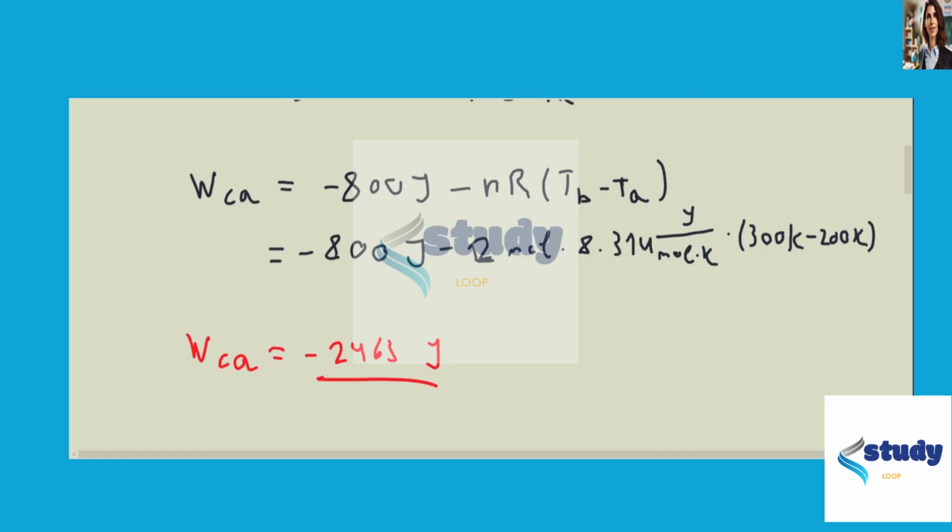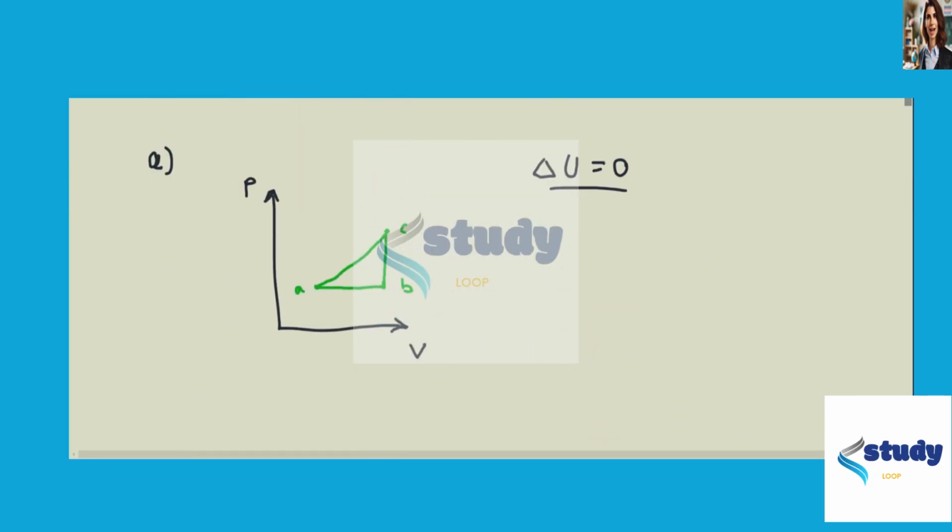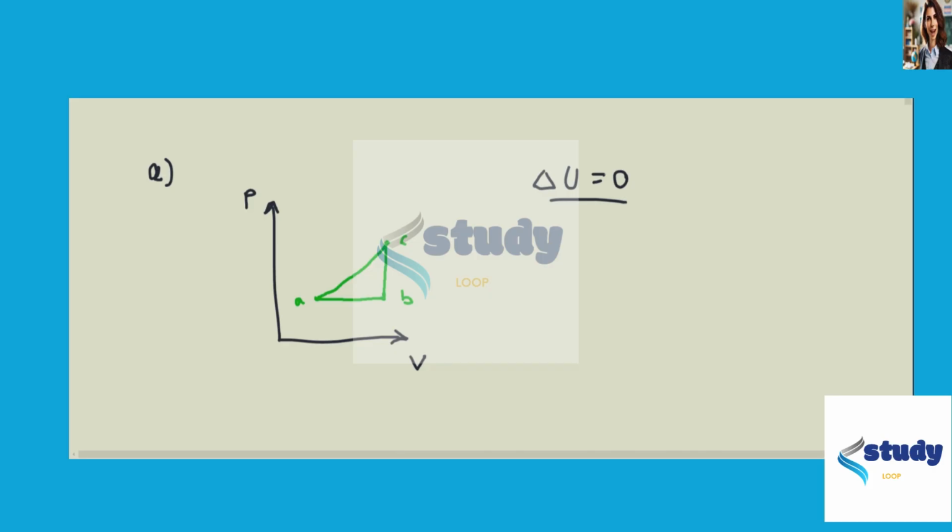So we see that the work done, and let's return for a short time to the PV diagram, we can see that the work done in this case, from C to A, is negative. And the temperature changes as well in this case, not only pressure and volume at the same time. So this is a cyclic process.